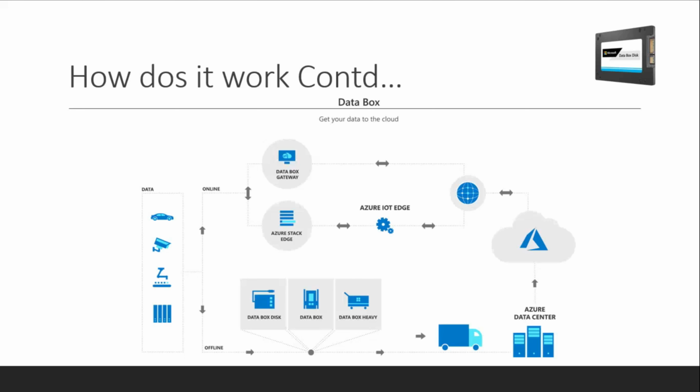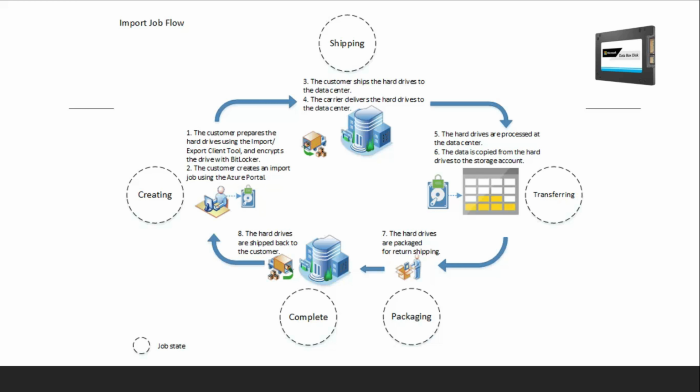Let's talk about that. First, you are going to prepare the hard drive using the import-export client tool and encrypt it with BitLocker. Then you would create an import job from the Azure portal. These are the initial two steps, and then you would ship the hard drive to the Azure Regional Data Center, and the regional carrier delivers the hard drive to the data center.